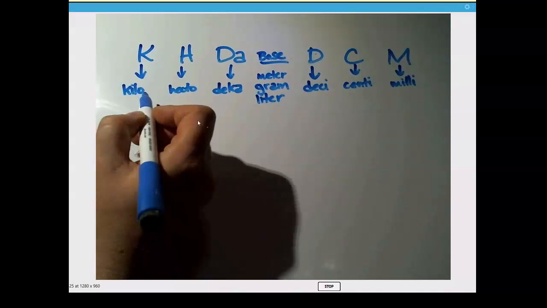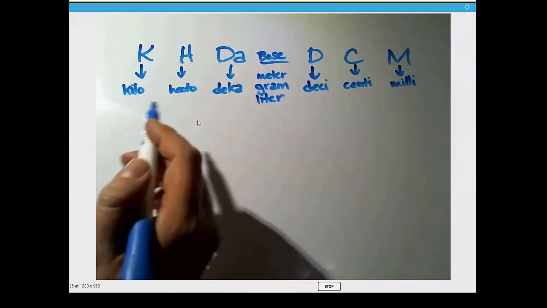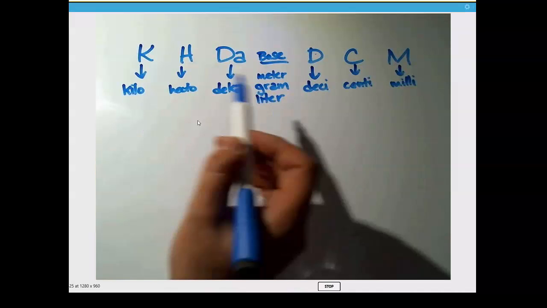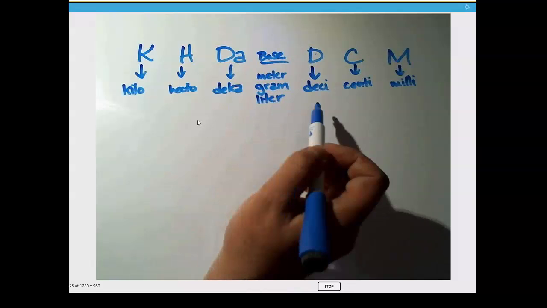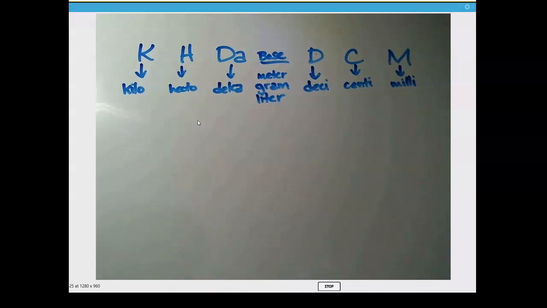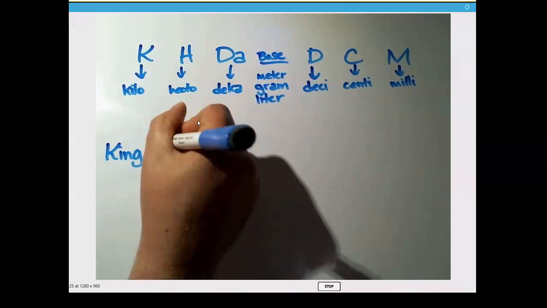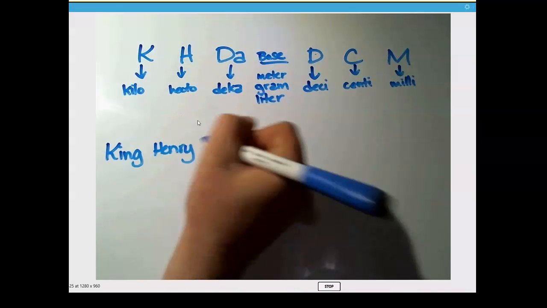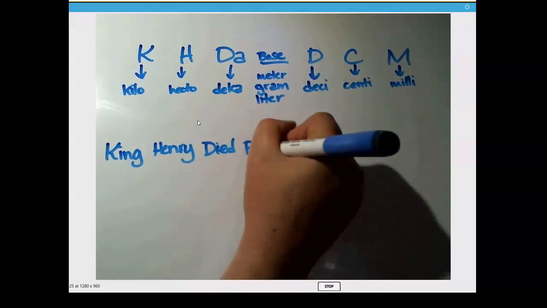And one more time, since these are prefixes, these would all go before the base unit. So it would be like kilogram, hectogram, decagram, gram, decigram, centigram, or milligram. What else? This is a little saying to help you remember the order.